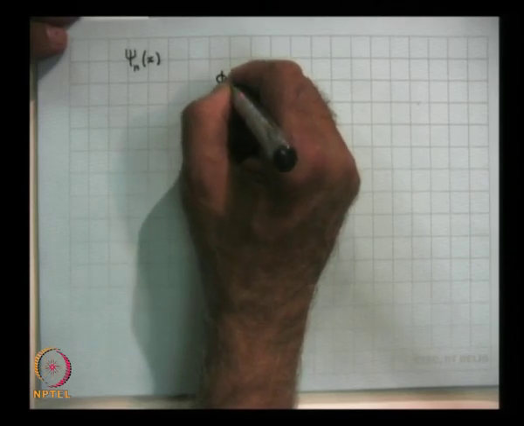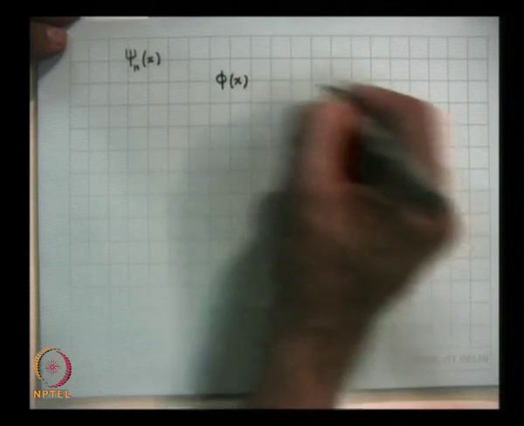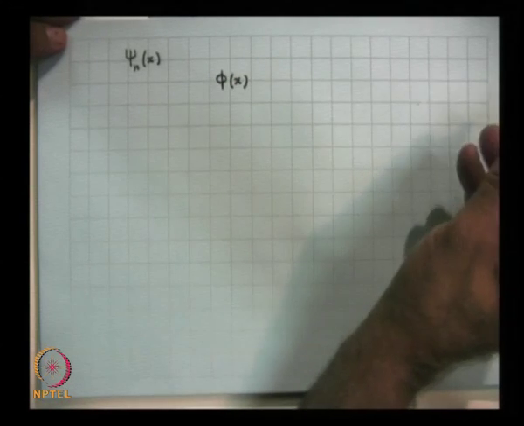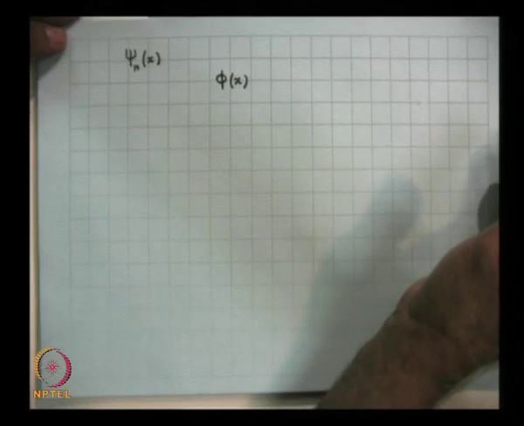phi of x, any arbitrary well behaved function. Well behaved means it has to be single valued, it should not be infinite anywhere, and it should be a square integrable function.